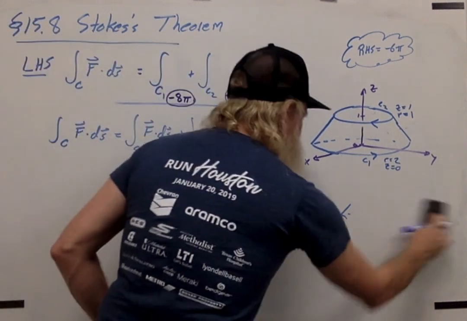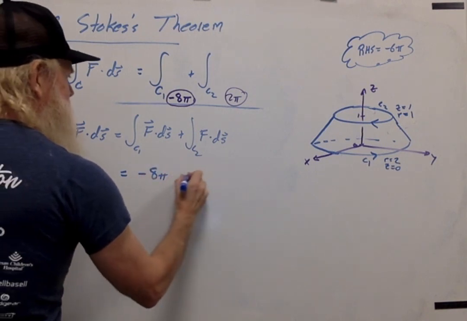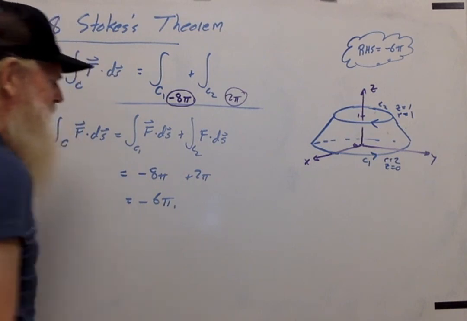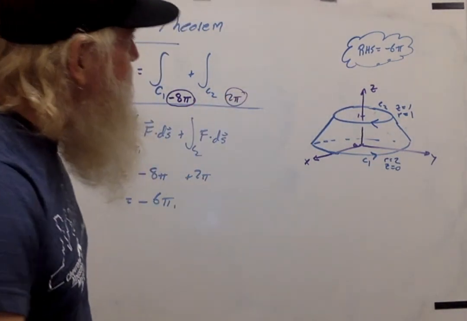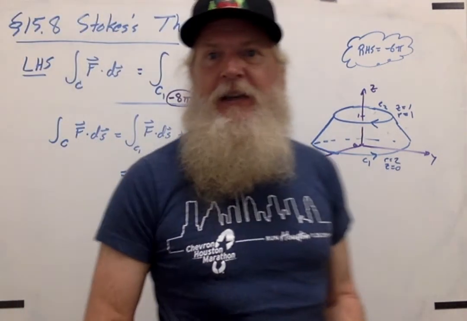And from the calculations we just did, we found that that's negative 8 pi plus 2 pi, or negative 6 pi, which is the same thing we got on the right-hand side, and that's what Stokes' theorem guarantees will happen every time.